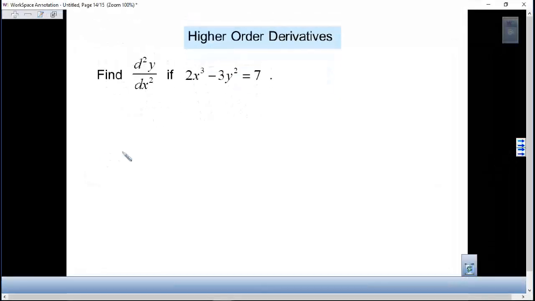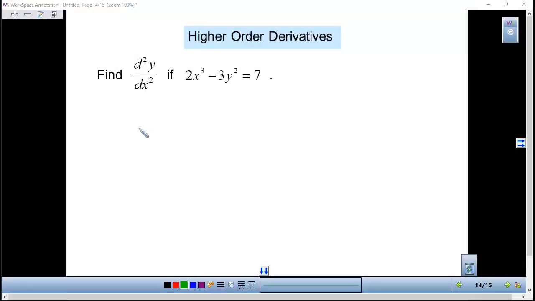All right, so let's go ahead and start this. We've got to find the first derivative before we can worry about finding this second derivative. So let's go ahead and differentiate this implicitly. So you're going to end up with 6x squared minus 6y dy/dx equals 0. All right, we have the 1 dy/dx.